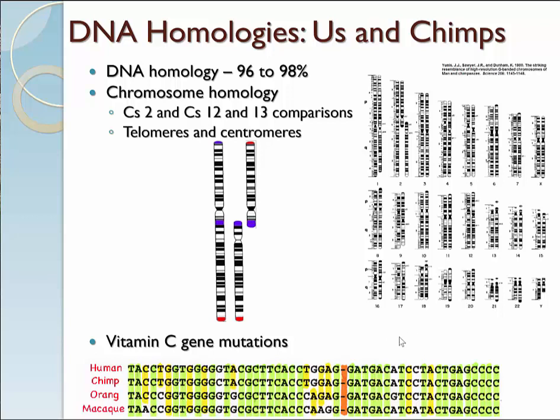And so again, it's not very likely that that happened by chance. It's more likely that this is a result of evolution, that we shared a common ancestor whose vitamin C gene mutated, and then that fossil gene was passed on to both humans and chimps.